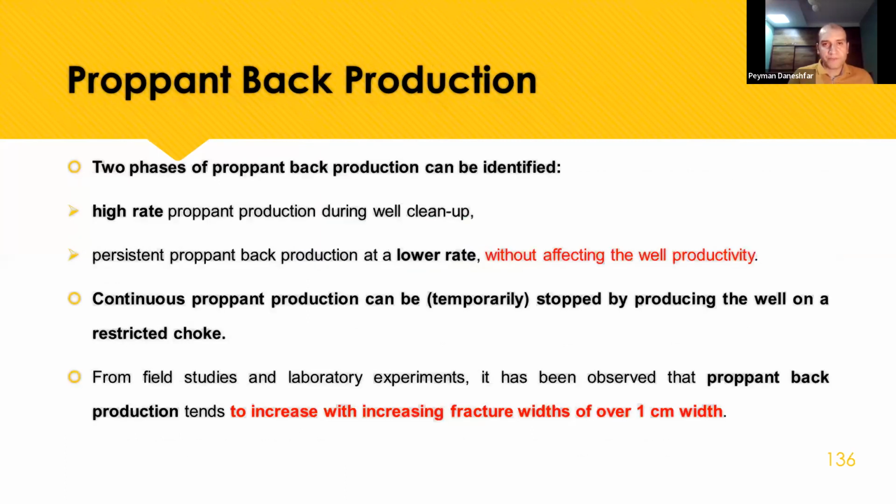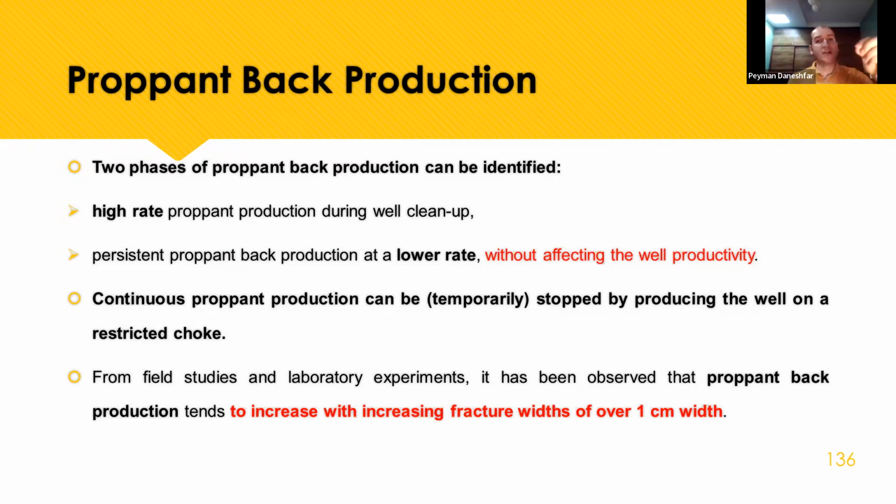How can we identify Proppant back production? When we have a high rate of Proppant production during the well cleanup. Another one is persistent Proppant back production at a lower rate without affecting the well productivity.